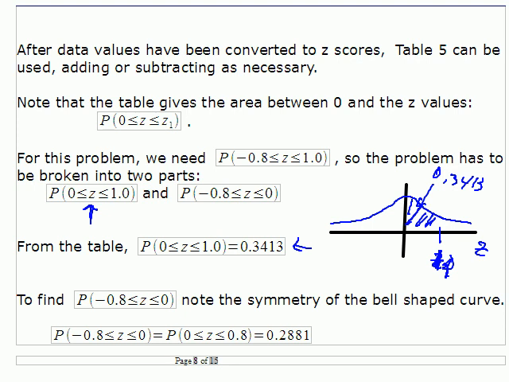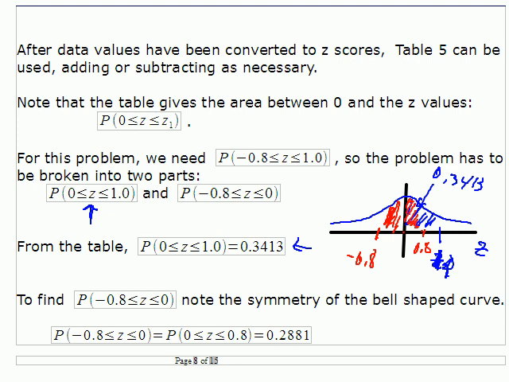Now, you need the other one, which is down here at minus 0.8. By symmetry, this area is the same as the area from 0 to positive 0.8. By symmetry, this area here is the same.